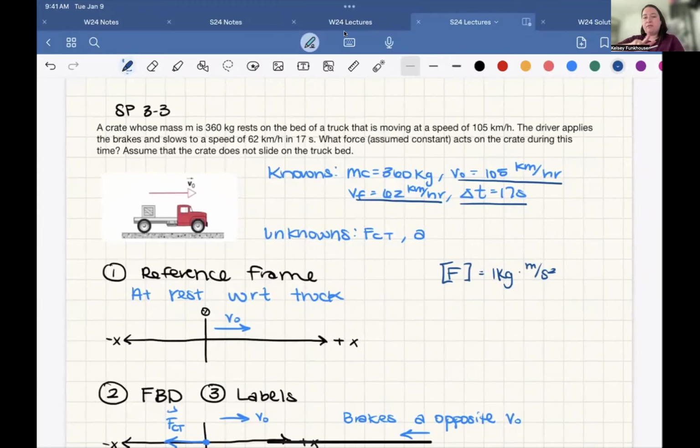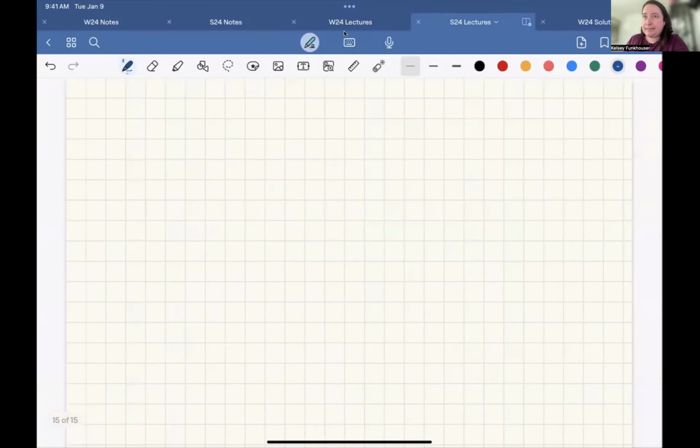So even though that means converting two variables, like both of the velocities instead of just the time, it makes sense so that we can use the units of newtons in the end. So let's do this conversion. Let me walk you through how.